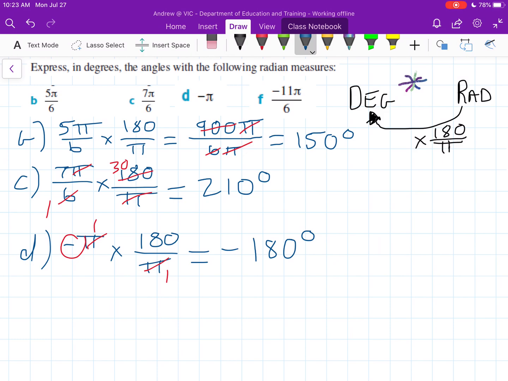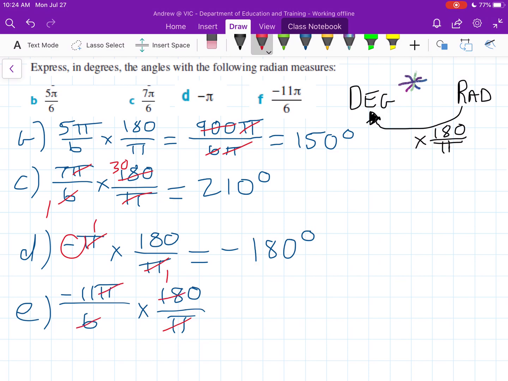Okay. And lastly, we have negative 11 pi on 6. Same thing, 180 over pi. So I'm just going to use the second method that we did again. Cancel out the pi's. Okay, and then how many 6's go into 180?